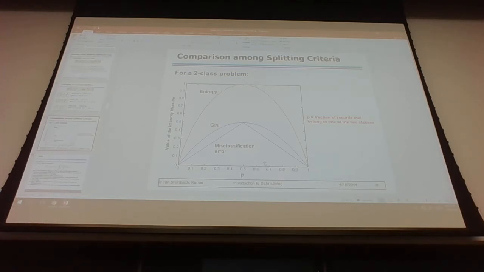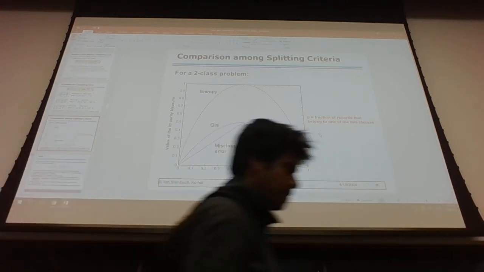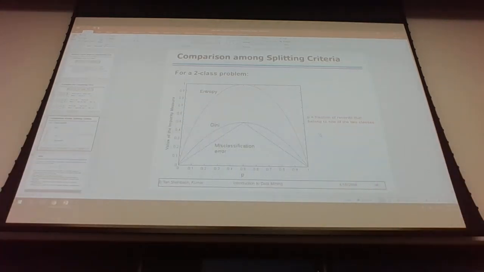Why? Because then you can interpret it as being the fraction of records that belong to the other class. So if you have class A and class B, and the fraction of records that belong to class A goes more than 0.5, then the other part belongs to class B. So then P changes. If you look at half of this picture, then it is monotonous. But if you look at the full picture, and P is defined as one of the two classes, then it's not monotonous.